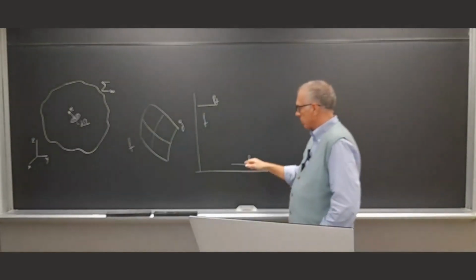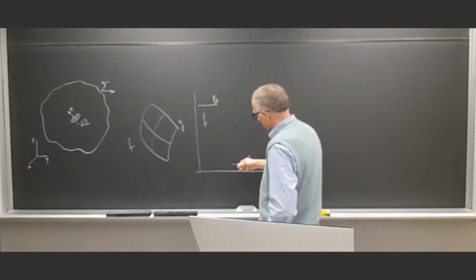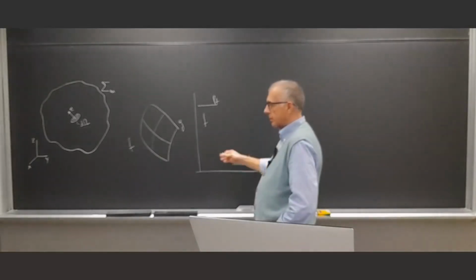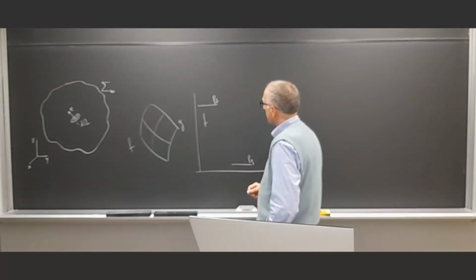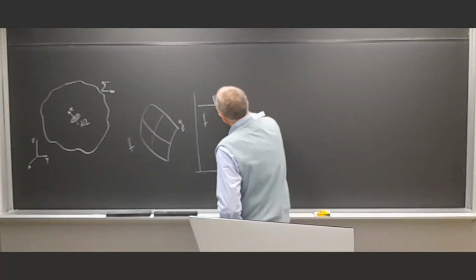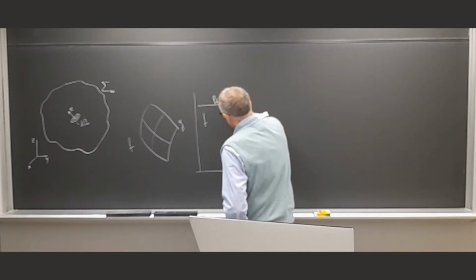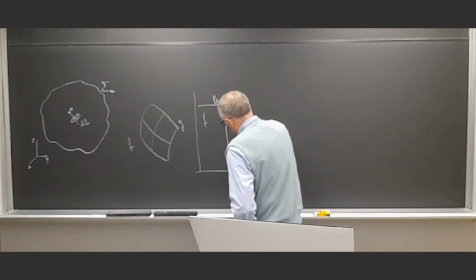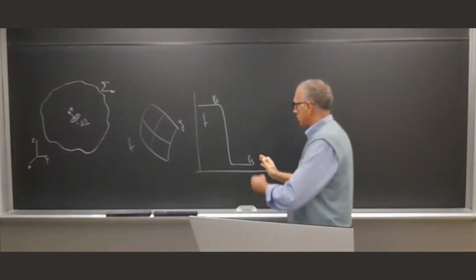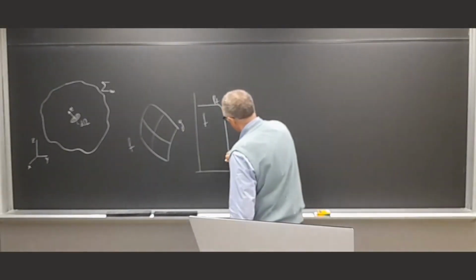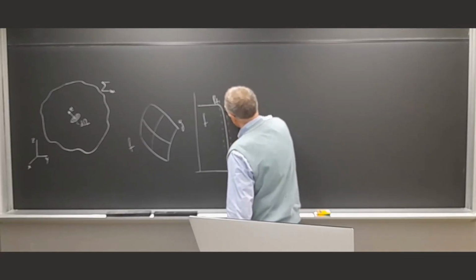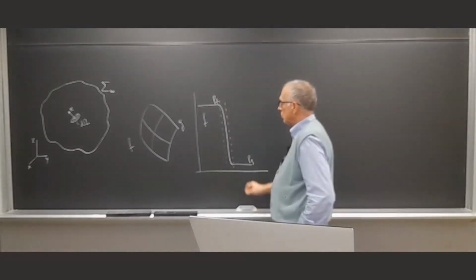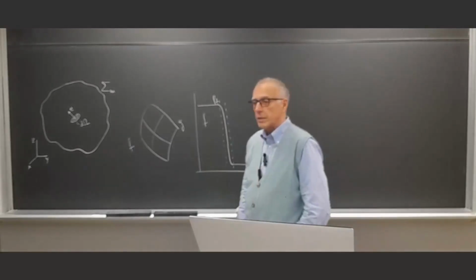The vapor, for water, is about 1,000 times less dense than the liquid. So in the interface, things are not sharp. There is a smooth interface. There is a small layer in which there is this huge gradient in density.